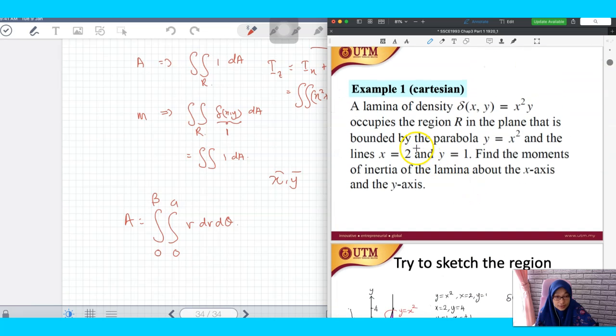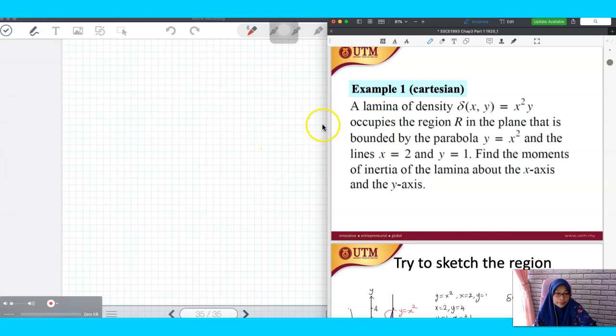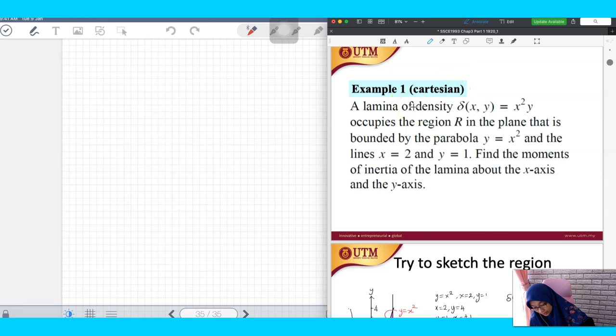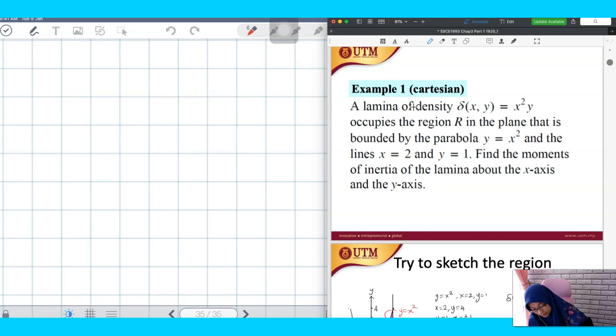Now look at example 1 about the second moment, or moment of inertia. In example 1, we are given the density function x squared y.